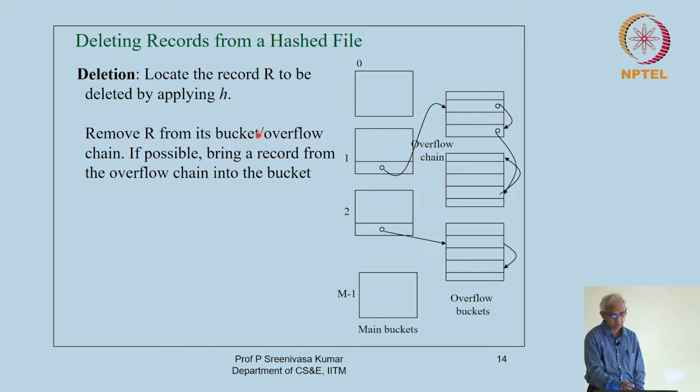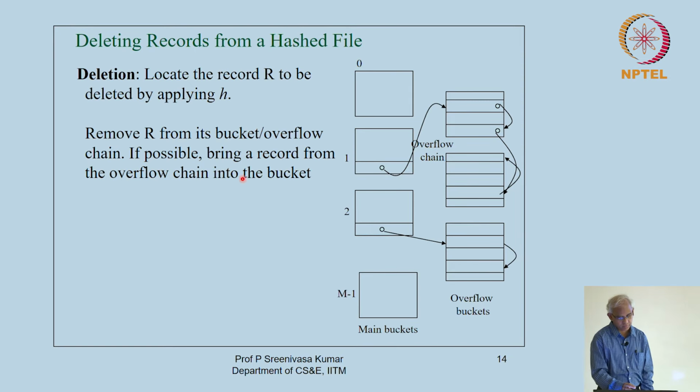If there is no overflow chain, then it is there in the bucket and you can just remove it. If there is an overflow chain for the bucket, then there are two possibilities: the record might be here or might be in the overflow chain. So you will have to follow the overflow chain, get hold of the record, and adjust the chain so that the record is no longer there. That slot can be spliced back to the free list.